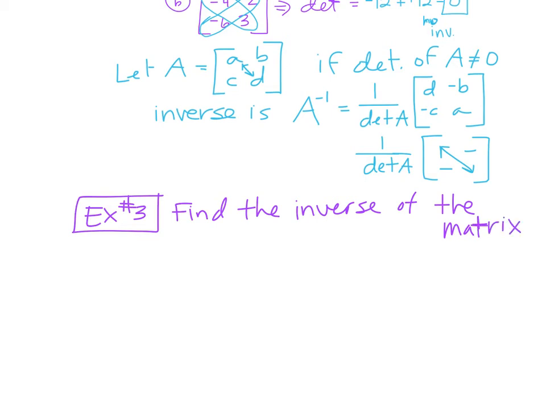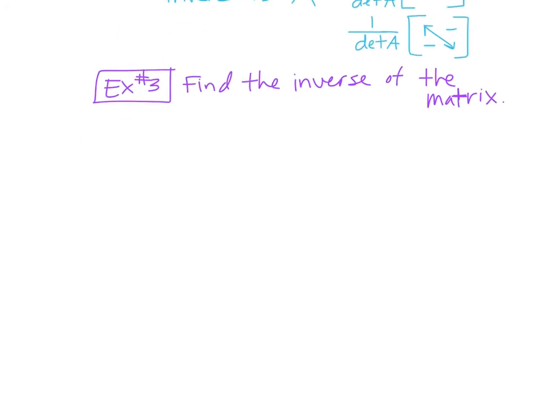Okay, we're gonna find the inverse of this matrix. So we're gonna do 3 of these, and then that's it for this lesson. Letter A. If I tell you that M, matrix M, is -2, 2, 5, and -4. Okay, and I want to find the inverse.